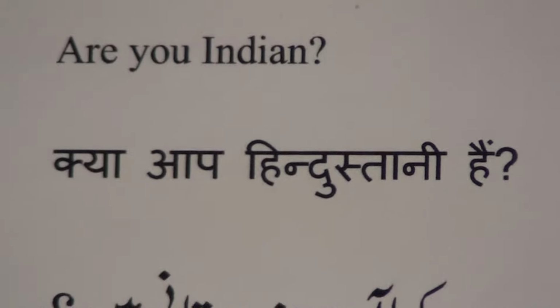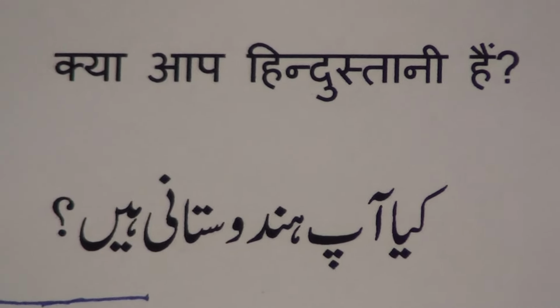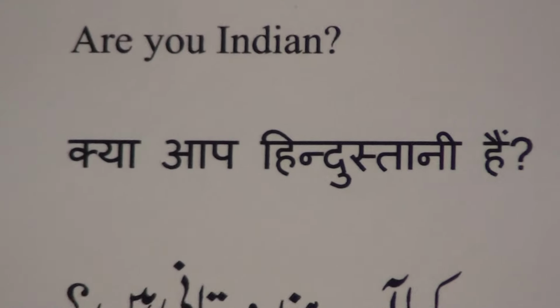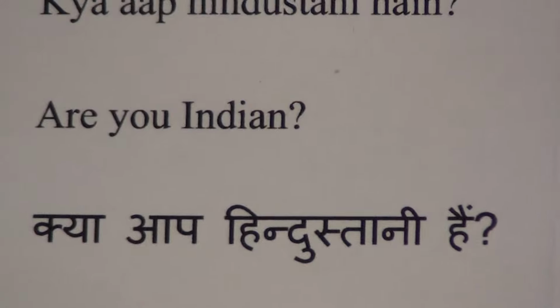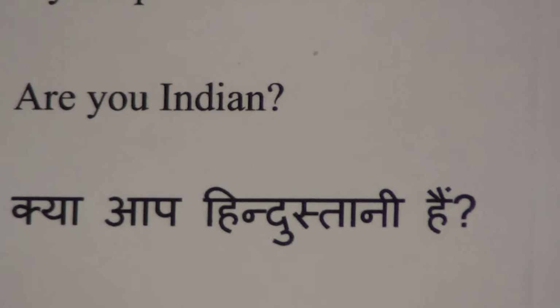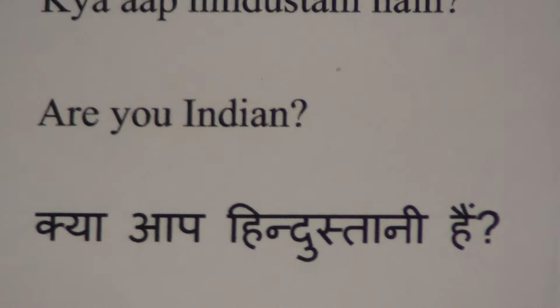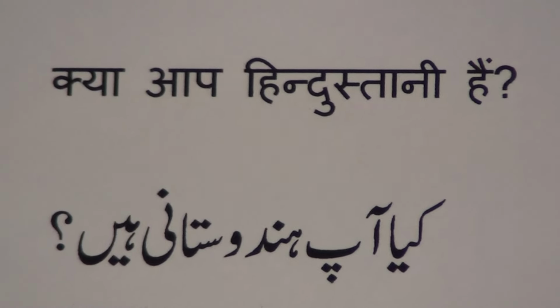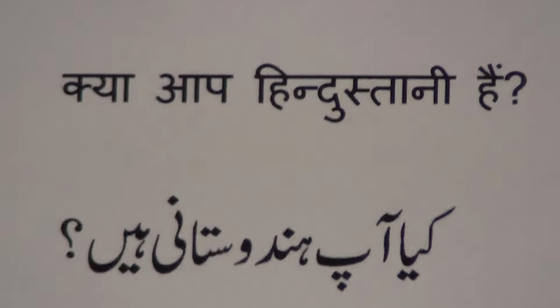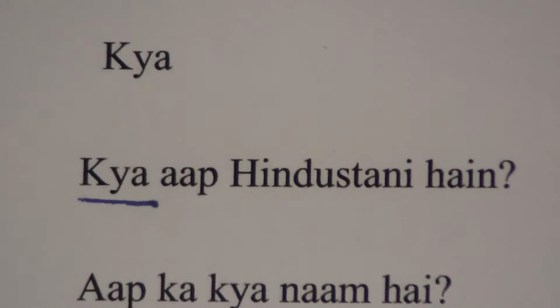Are you Indian? क्या आप हिंदुस्तानी हैं? Because we have used an auxiliary verb at the beginning of a sentence to make it interrogative, therefore, we have used kya at the beginning of the sentence to make it interrogative. क्या आप हिंदुस्तानी हैं? Are you Indian?